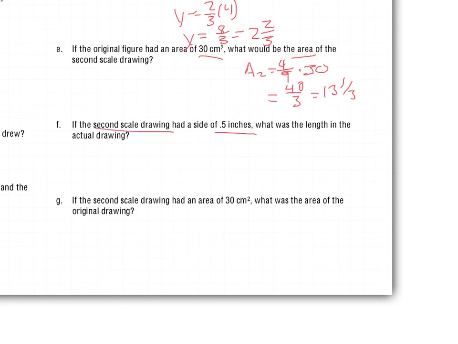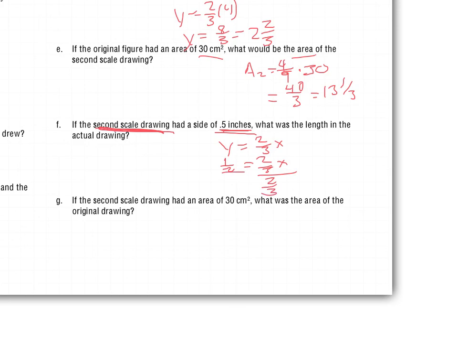If the second scale drawing had a side of 0.5 inches, it's a side, so we use y equals 2/3 x and it has a side of 0.5. I'm going to change this to a fraction when I plug it in, because this is also from the second scale drawing, so I'm plugging that in for y. I'm changing it to a fraction because I'm going to end up dividing by a fraction.